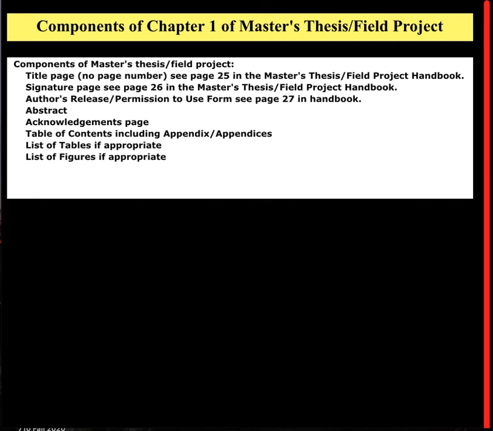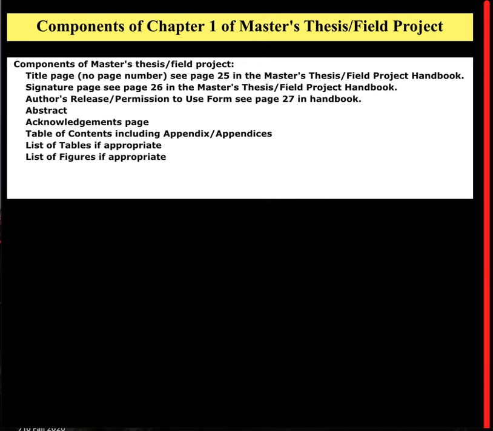So you will have a title page, and if you go to page 25 in your master's thesis handbook, you will see a boilerplate of what that page should look like. All you have to do is just copy that page.